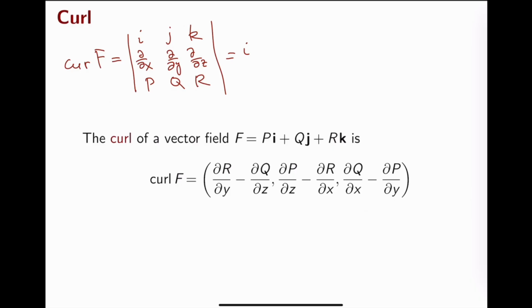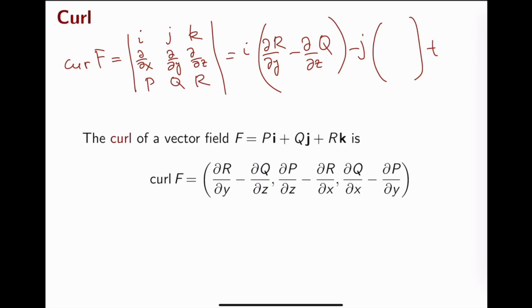So this is derivative with respect to y of r, right? That will be this product, minus this, which is minus derivative with respect to z of q. That's the first component. You see that that's what we have here. And so on. So you continue calculating this cross product, and you will get then the three components of the curl.